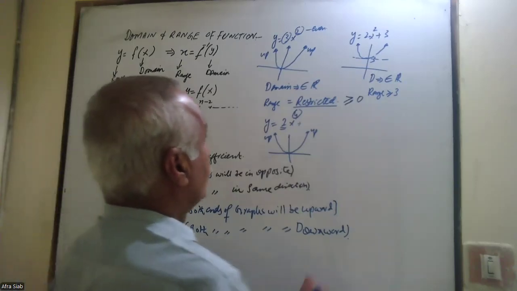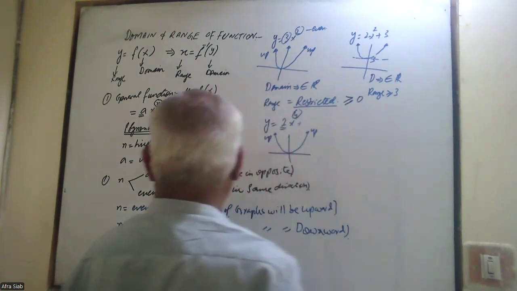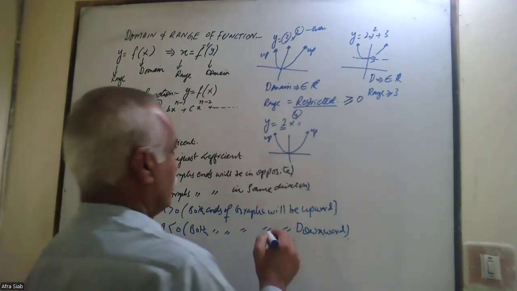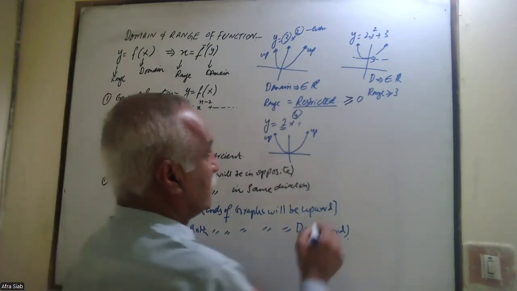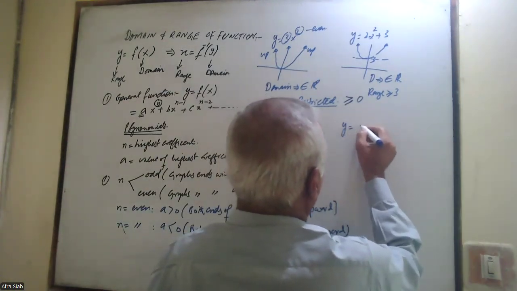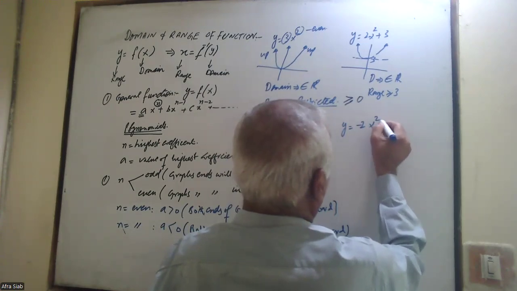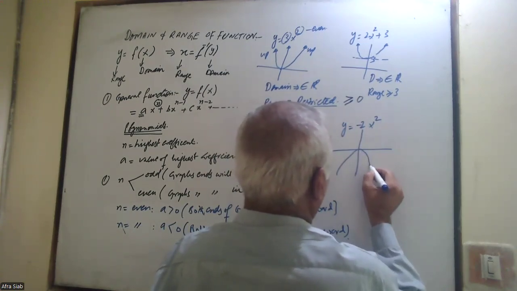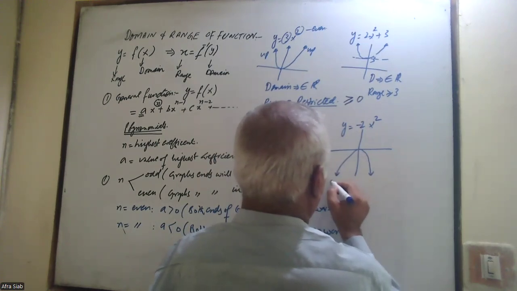But if it is even and the coefficient is less than 0, then both ends of the graph will be downward. For example, y is equal to minus 2x squared. This is the graph, and both ends are downward.